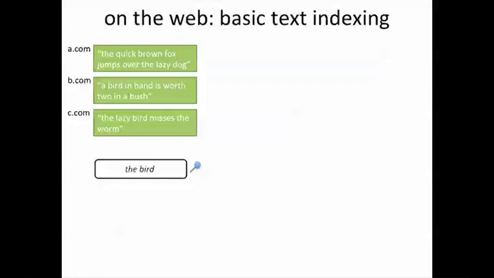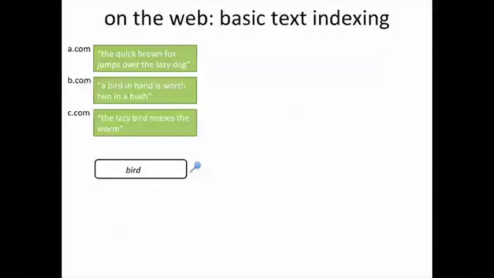On the other hand, when we type in the bird, we'd like all three documents to be returned because the word the is present in two of the documents and the word bird is present in another two of the documents. Combined, the combination the bird is present in one of these three documents. But when we type the query bird, we'd like only two of these documents to be returned because bird exists in only two documents.